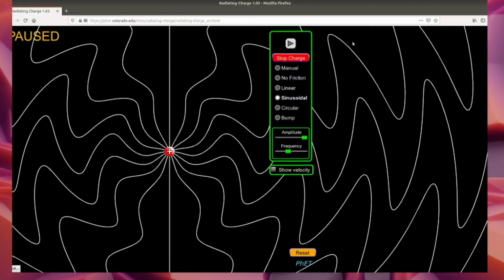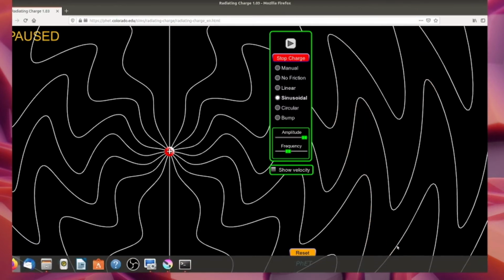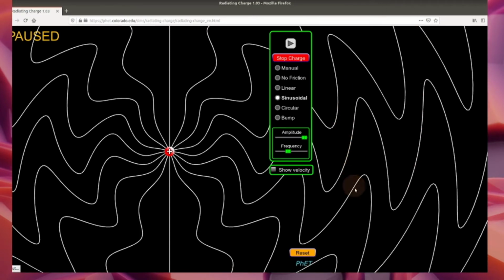Everywhere I have my cursor is where these fields combine and form a specific loop. There's going to be a loop here, and then that loop will travel away from the charge. And we can show with math, using Maxwell's equations, that that loop would travel away at a speed equal to the speed of light.